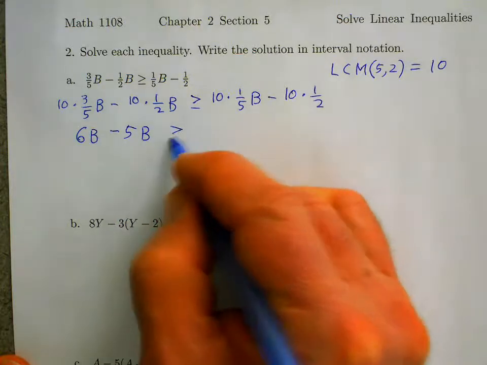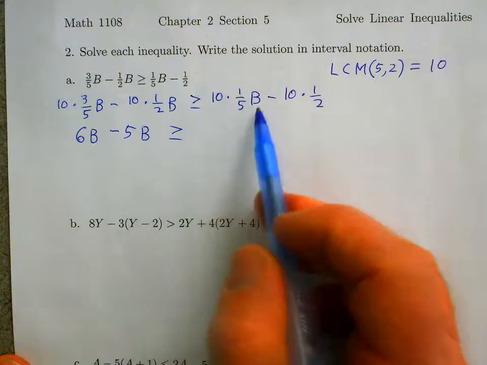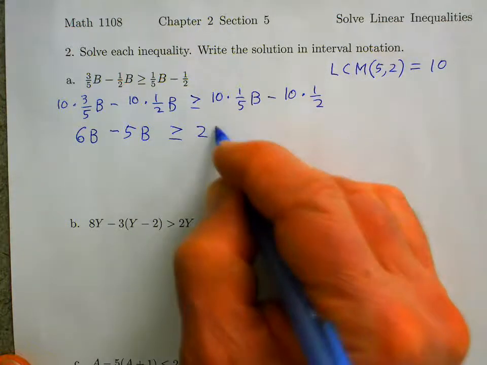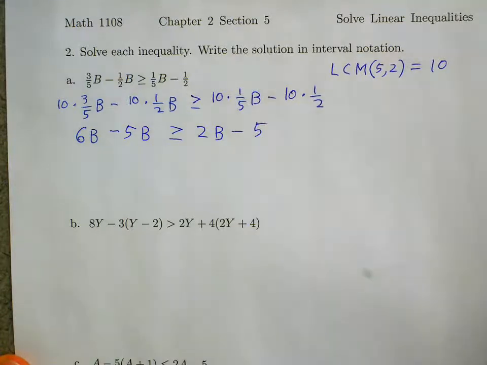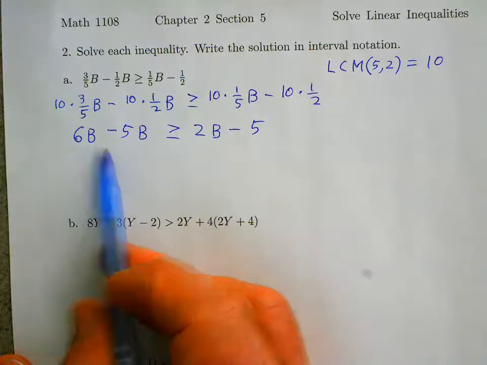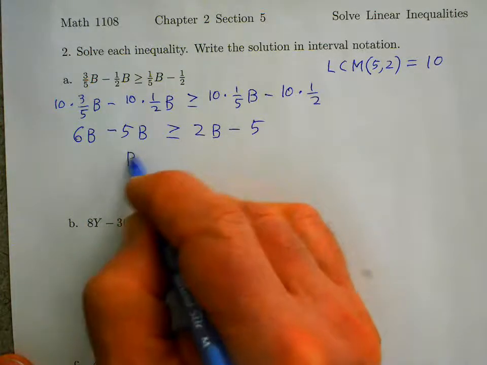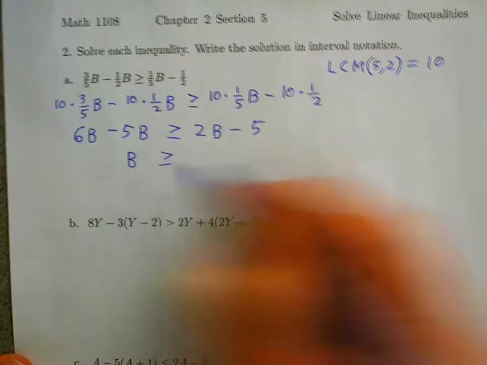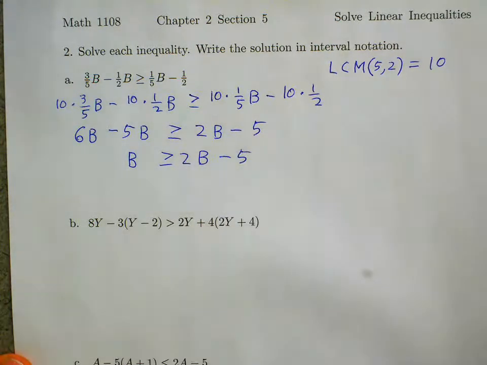And that's greater than or equal to 10 times 1/5 b, which is 2b. And then 10 times 1/2 is 5. We can simplify on the left-hand side. 6b minus 5b is just 1b, or b. And that's greater than or equal to 2b minus 5.